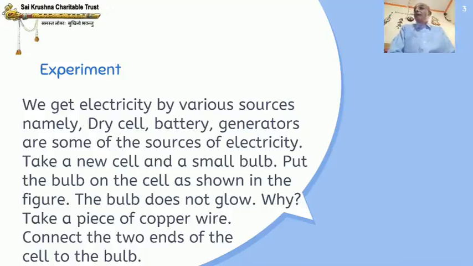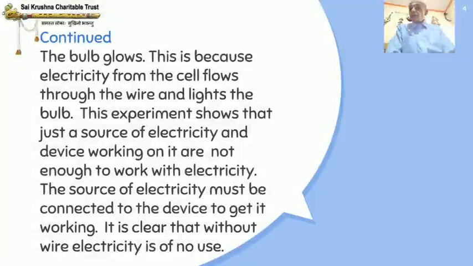Because copper is a good conductor of electricity. Okay. So the bulb glows. This is because electricity from the cell flows through the wire and lights the bulb.